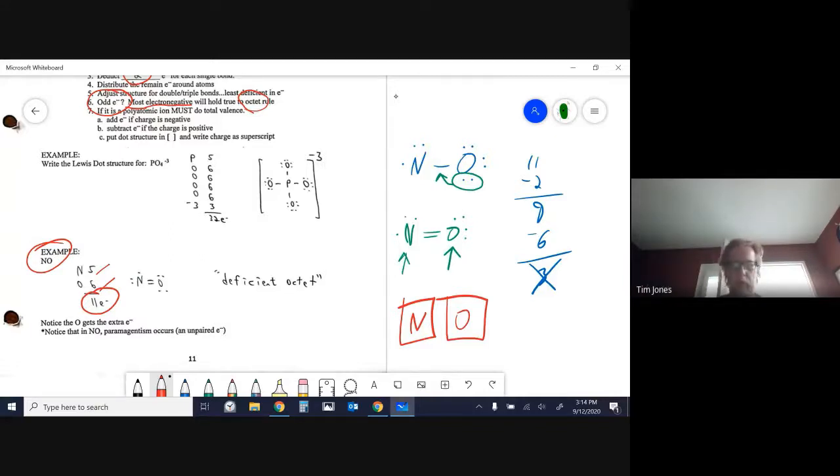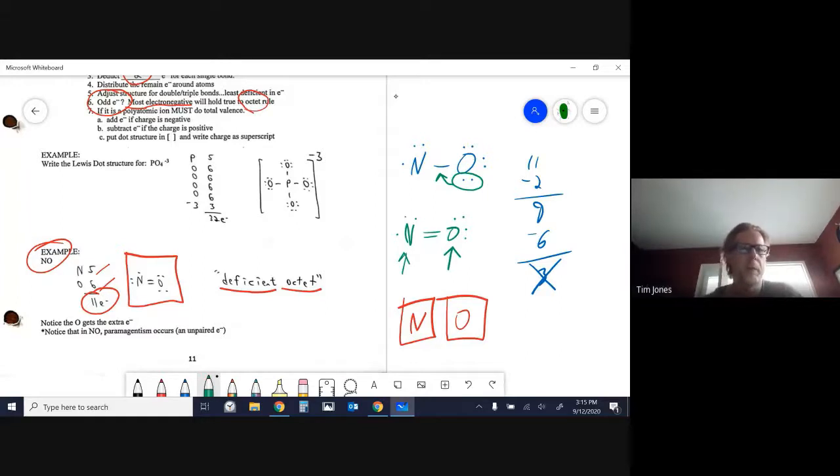The other way is to actually look up a chart of electronegativities and sort that out, which is why when I give an exam involving these topics, I usually give a periodic table that shows the electronegativities, just so students can be confident. Now, the result is this. And because nitrogen only has 7 electrons in its outer shell, it's said to be a deficient octet. And that's referring to the nitrogen. Oxygen has the normal octet situation here.